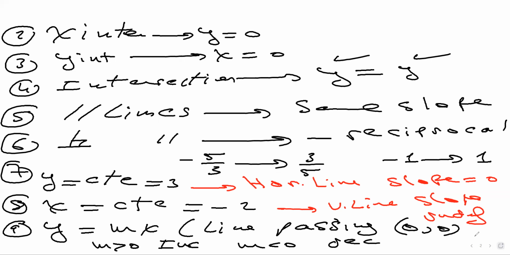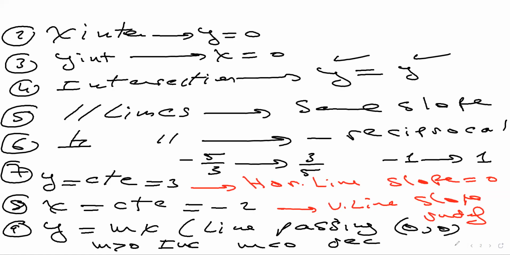Can I erase? Let's go to the second page. Number 10. When we have y equals mx, it means the line passes through the origin. For example, like this shape.